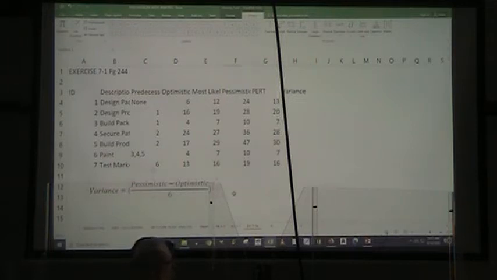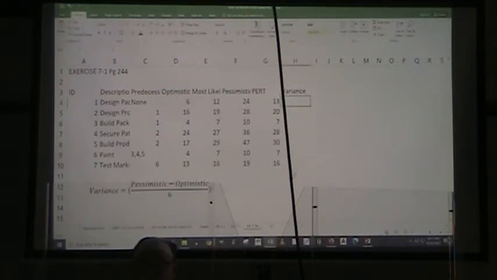All right, so that's how we get our variance. Therefore, our variance of our number one, design the package, equals, left parenthesis, pessimistic minus optimistic, right parenthesis, divided by 6, right parenthesis.